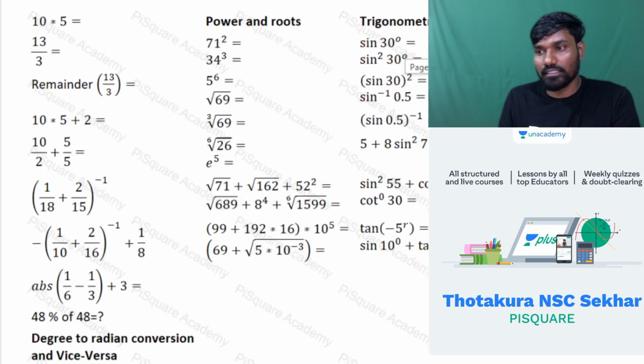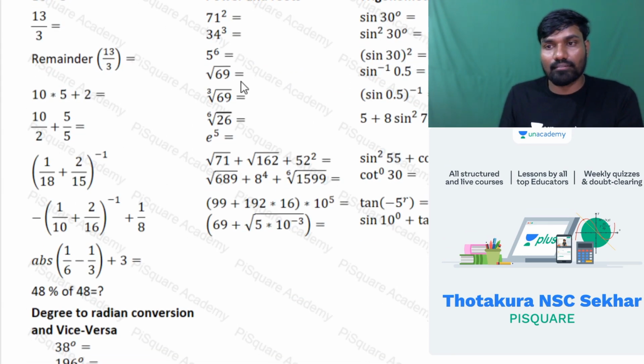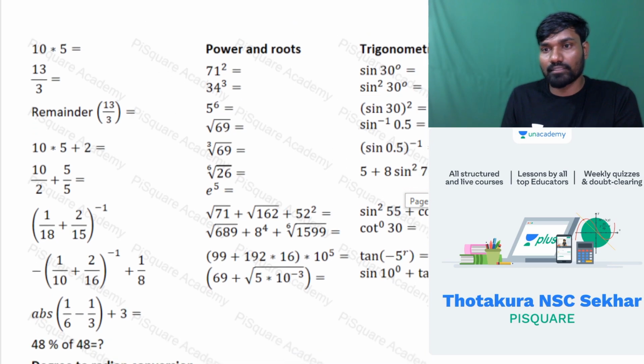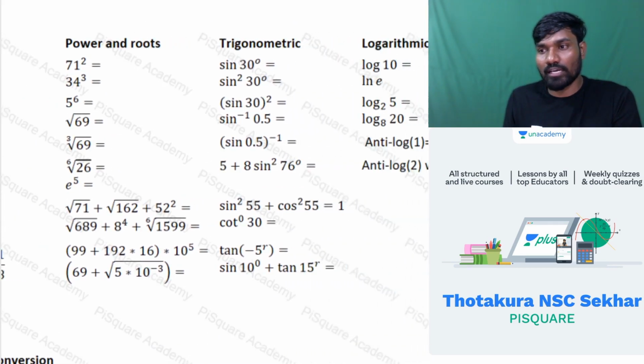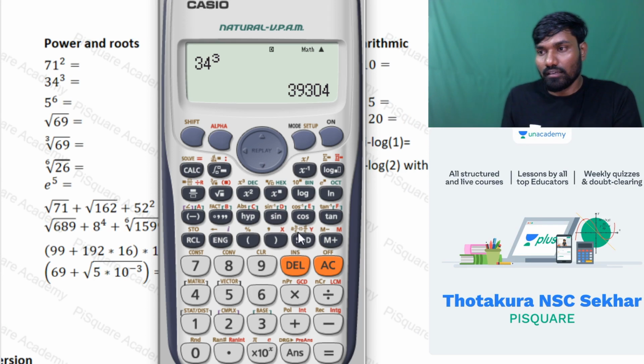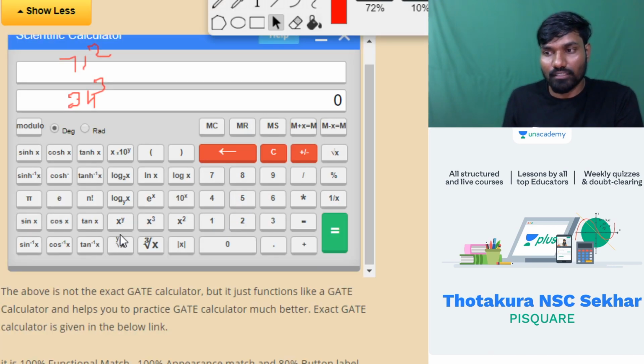Now the next one is 5 power 6. In a regular calculator, how do you do 5 power 6? You go for 5, then this, then 6, and you get 5 power 6. In the GATE calculator, 5 power 6 is not there, but we have x power y.